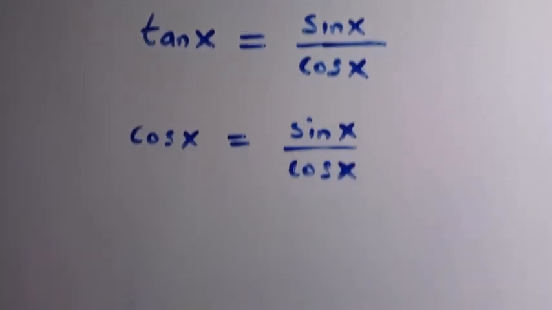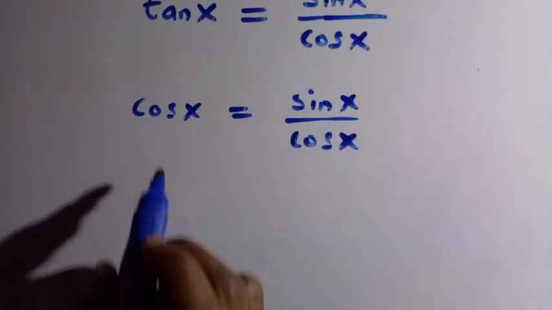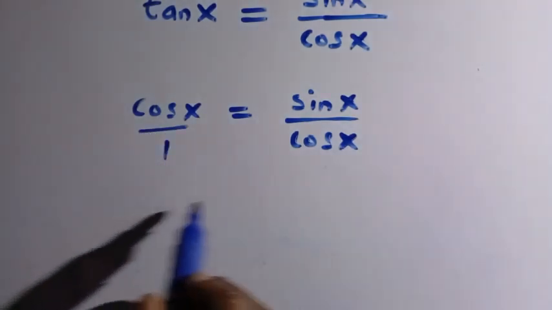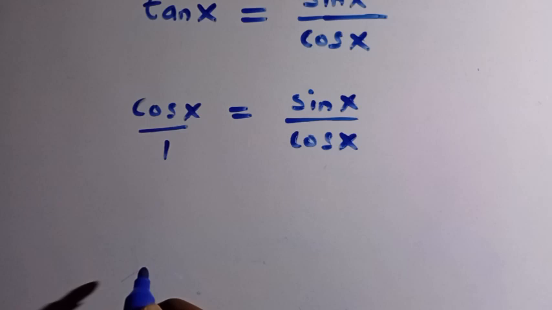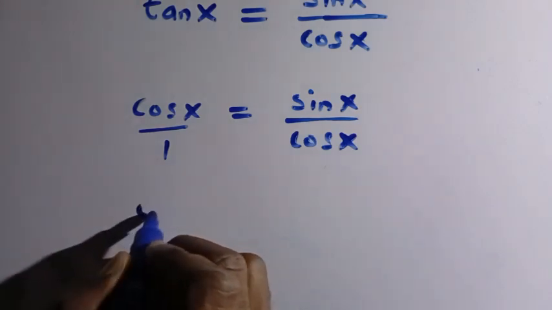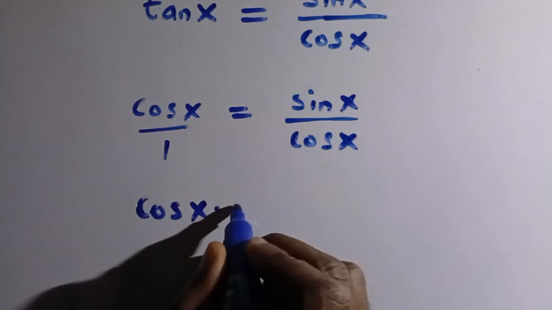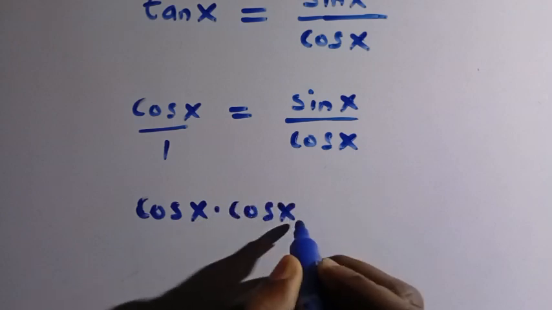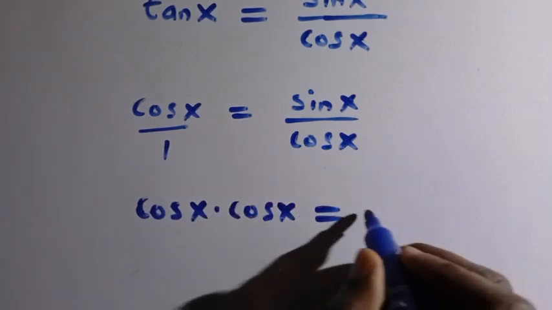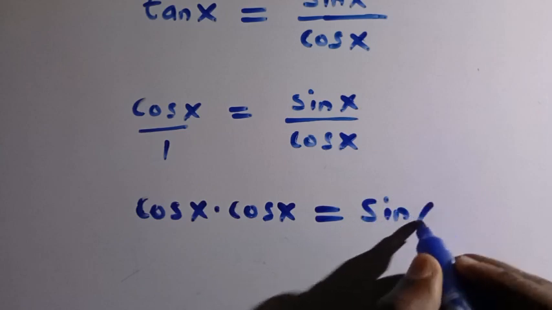And by cross multiplying, so if this is divided by 1, then we cross multiply. So having this, we have cos x multiplied by cos x equals sine x.